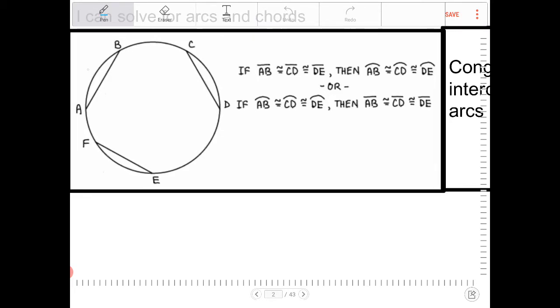So what we're saying here is, if these arcs are indeed congruent, then the chords that are formed by these arcs are also going to be congruent. And the flip side is also true in reverse, right? So if we have congruent chords, then therefore we're going to have congruent arcs.